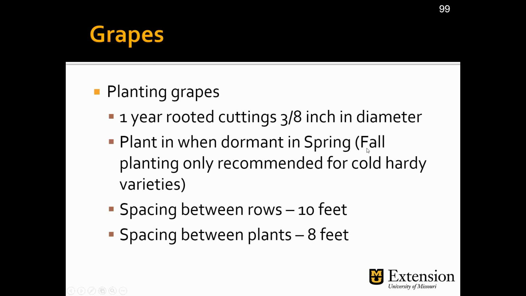You only plant when dormant in the fall if it's a cold hardy variety. You don't plant the other varieties in the fall because the planting process and then the cold temperatures are going to severely affect the plants. Space between rows 10 feet, and between plants 8 feet.